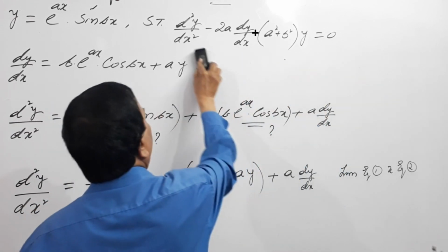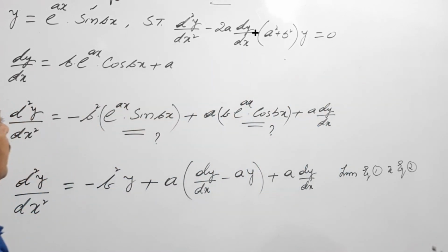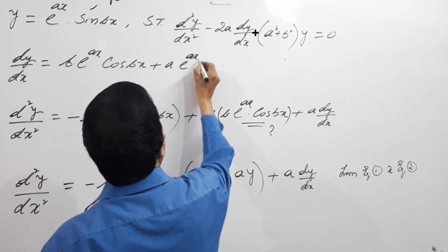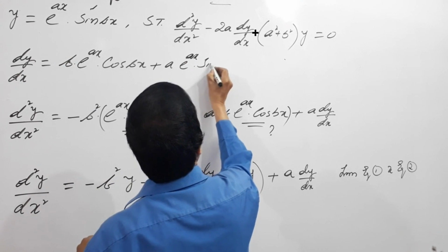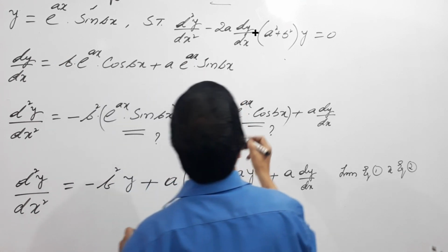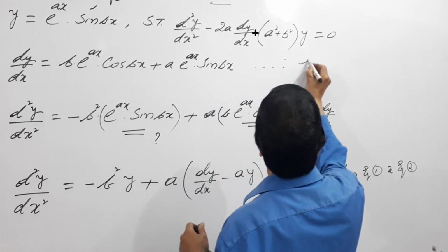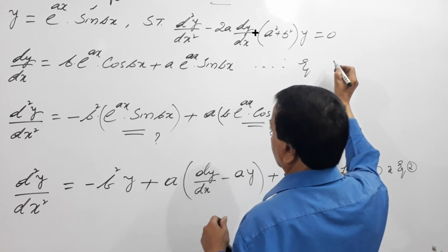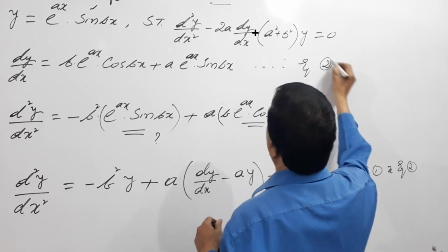Now supposing I replace this with e to the power of ax into sin bx, right? This is our equation 2, isn't it?